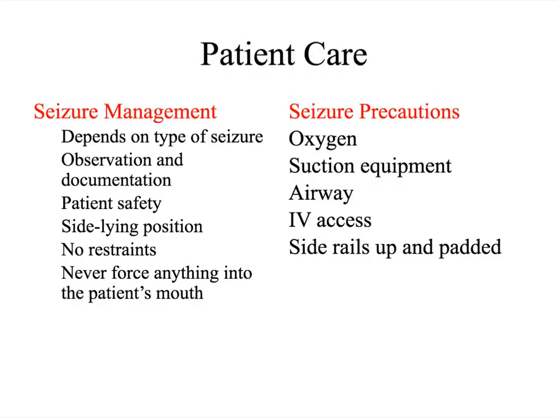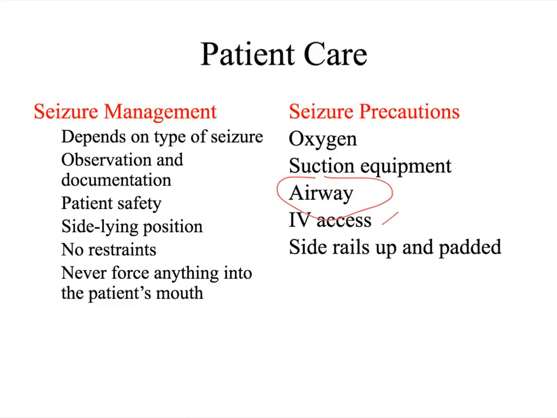For the airway, you can use an oral airway, which is a little device you place in their mouth, but that would be after the seizure. That can help you make sure that the patient has an open airway.